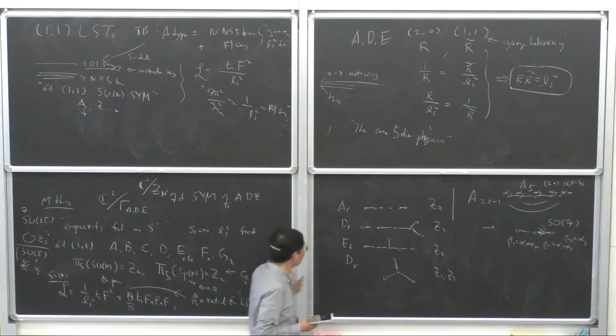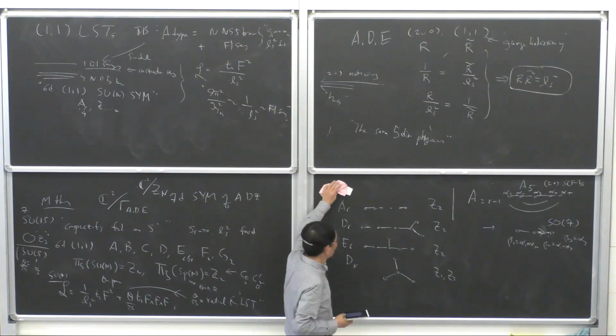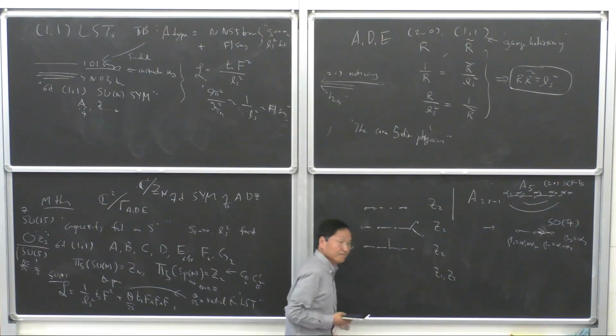But if I think about (2,0) little string theory, then we have the affine node.